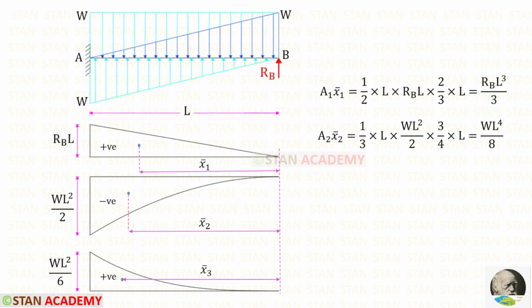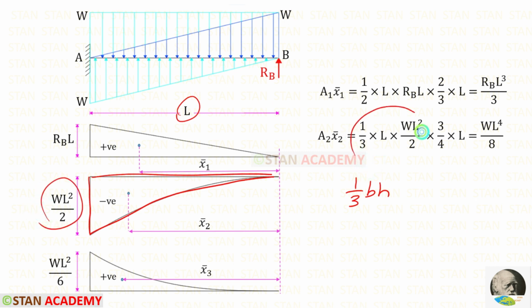Now let us find area 2 x2 bar. It is a second degree parabola. The area formula is 1 upon 3 BH. Here the breadth is L and the height is WL square upon 2. So this is the area, and the centroid distance towards the right is 3 upon 4 into breadth.